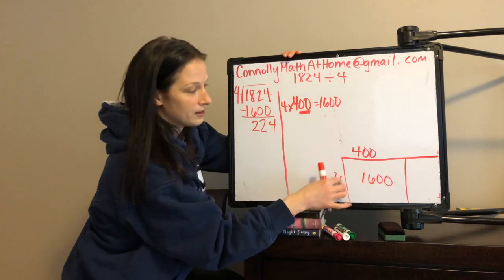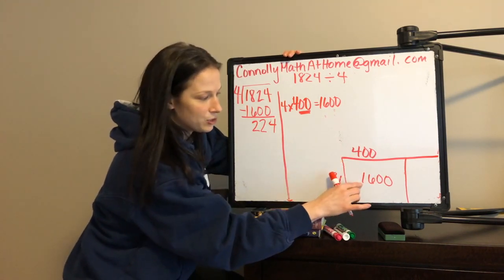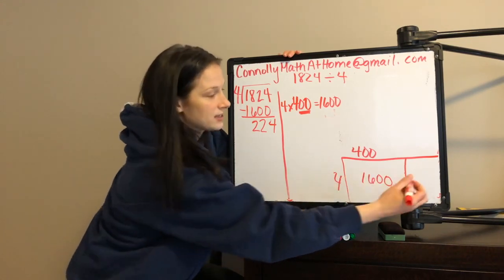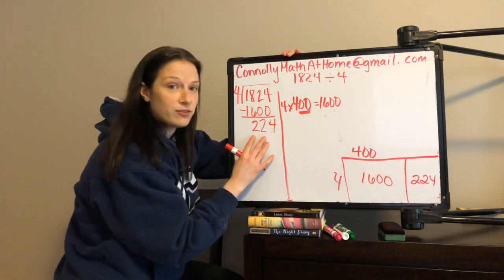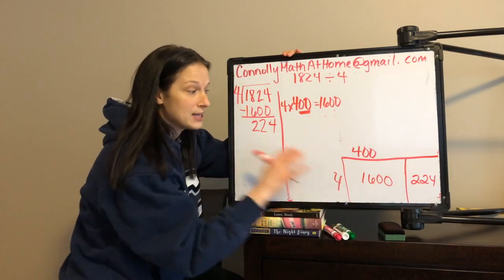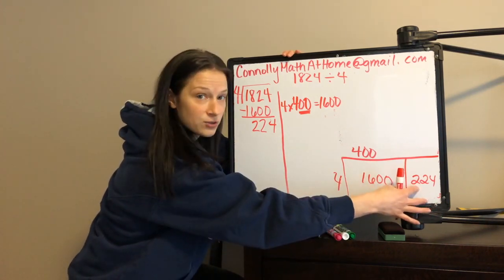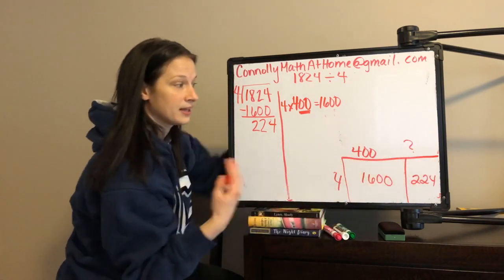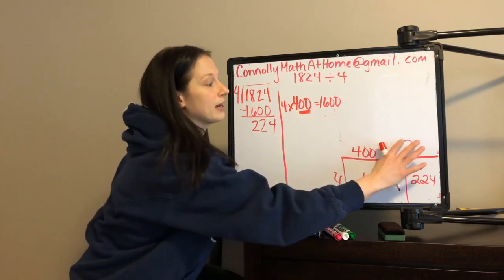If I put 400 in each of 4 crates, I'm going to use 1,600 oranges. And what's left is 224. Okay, so I still see the 1,824 over here in this representation. I'm still trying to figure out how many more oranges I can put in each crate.